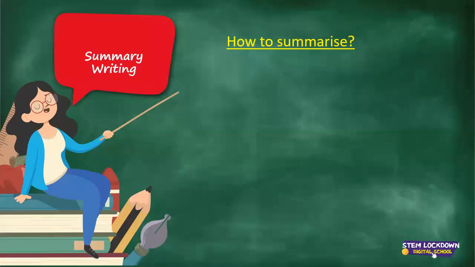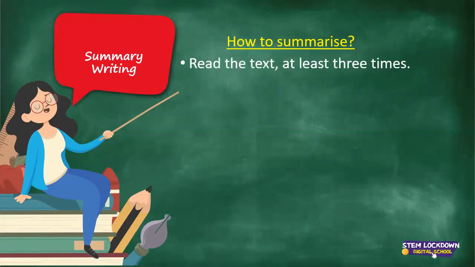Today, I am going to teach you how to do the actual summary, okay? So the first thing that you do, you read the text. And remember, I said yesterday, you must read it at least three times. That way, you are able to summarize something that you actually understand. Once you're done reading, you need to think about the purpose of the text.